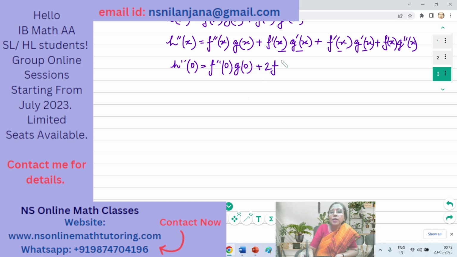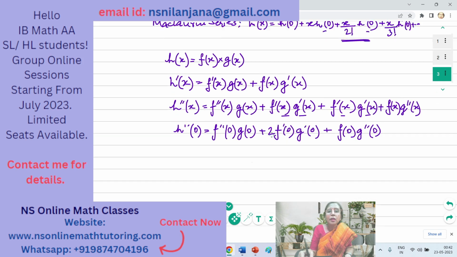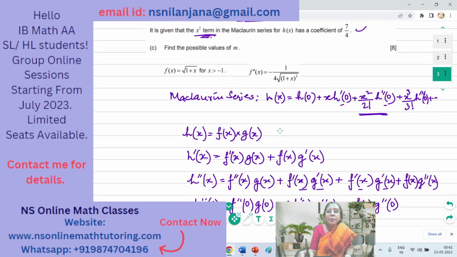So it will be 2 times f dash 0 times g dash 0 plus f of 0 times g double dash 0. Okay, now we have to get the values of these. Let us go to the expression part.